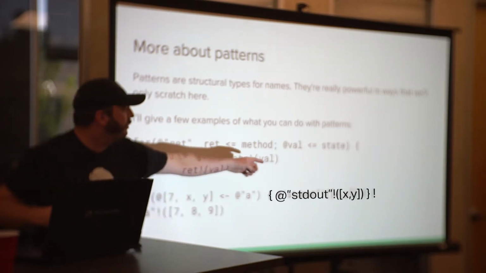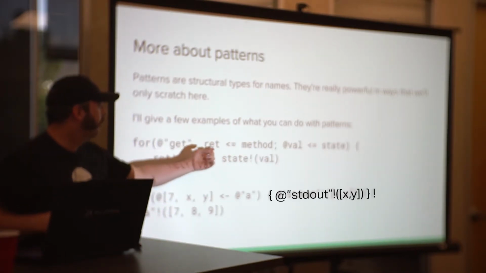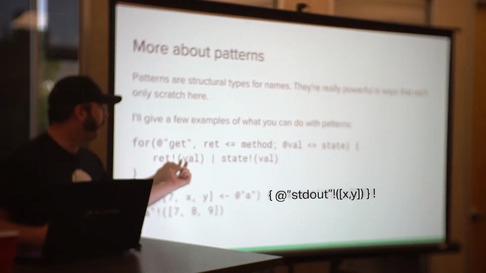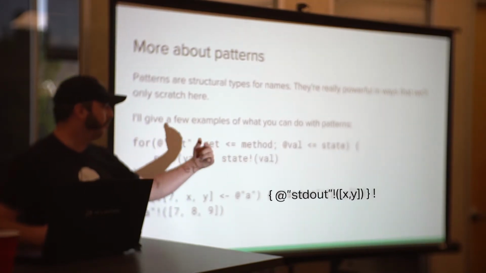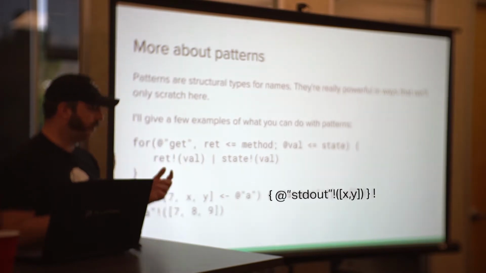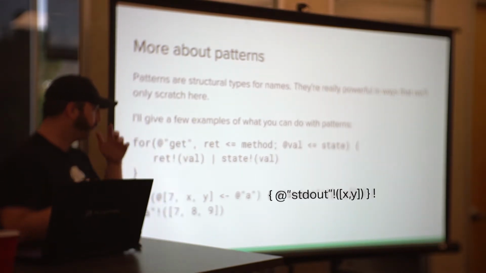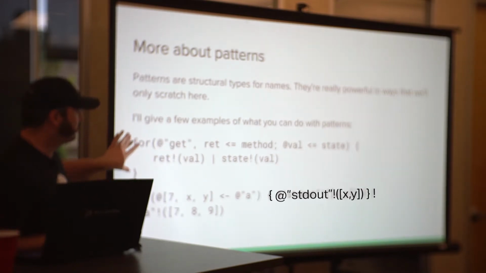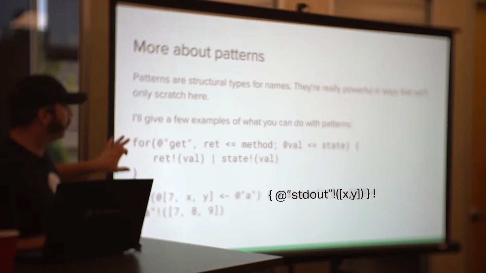But the nice thing is that inside the body, ret is treated as a name, and val, because we put the @ in front of it and quoted a process pattern, is treated as a process. Maybe later I can pull up the context where this came from.